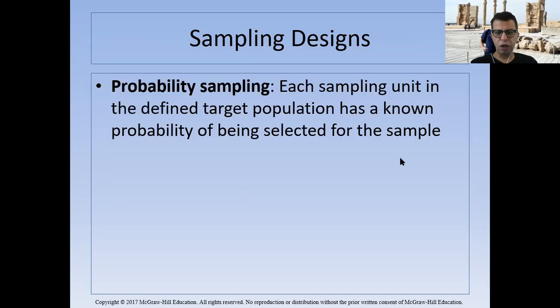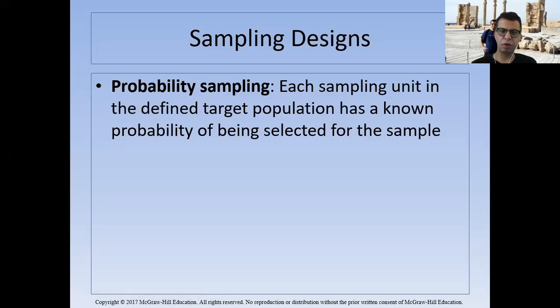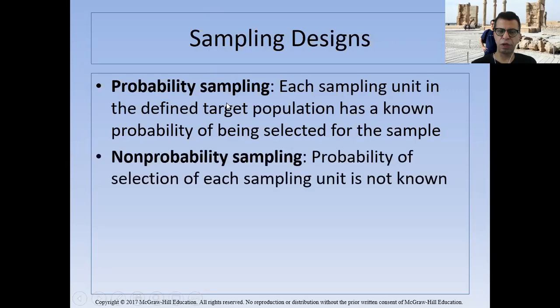So if I have 100 people that I'm going to ask, and I just pull anybody without any bias, each one of them has a 1% chance of being asked a question, or being pulled out for a sample.